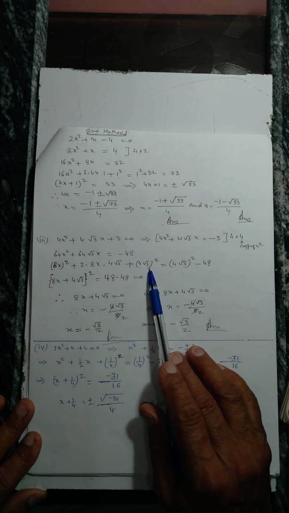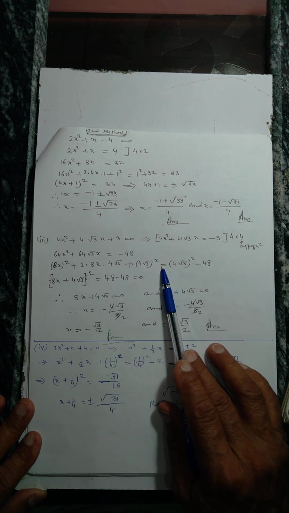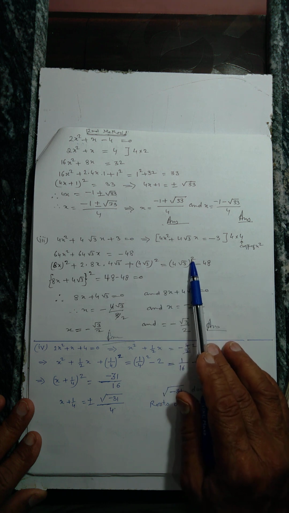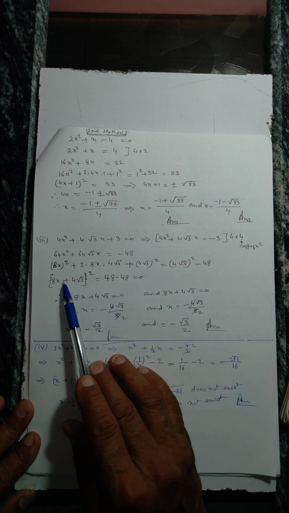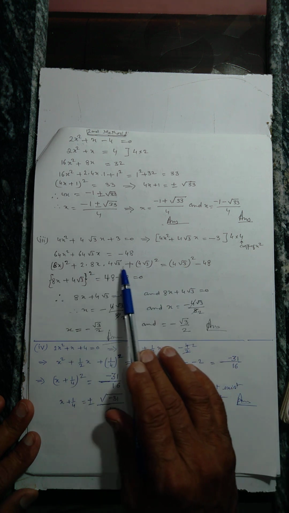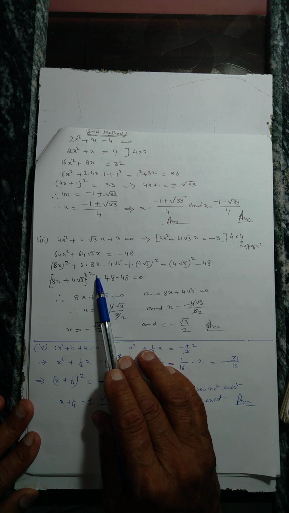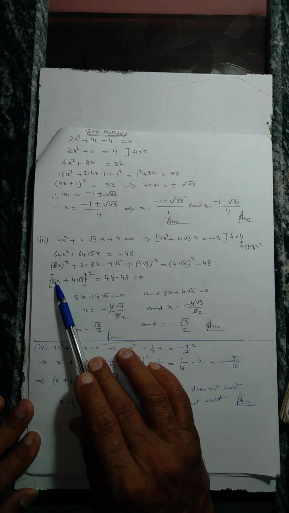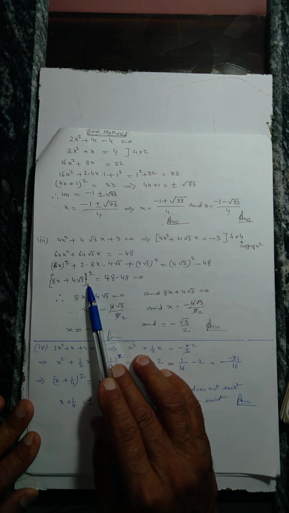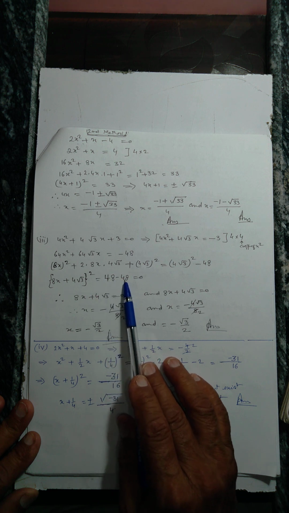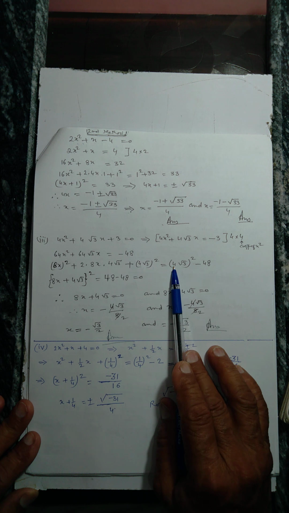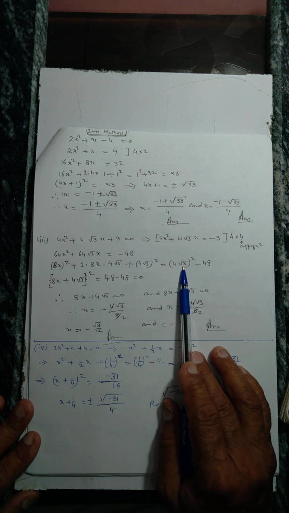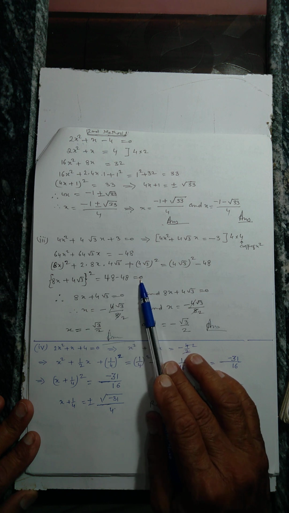So here 4 root 3 whole square will be added to the right side: 4 root 3 whole square minus 48. You see, 8x plus 4 root 3 whole square, means a plus b whole square, equal to 48 minus 48. Take the square of it, 4 square is 16, square of root 3 will be 3, so 16 times 3 is 48, 48 minus 48 is 0.